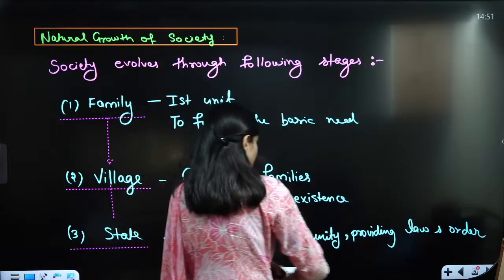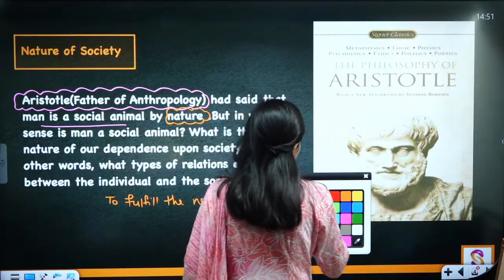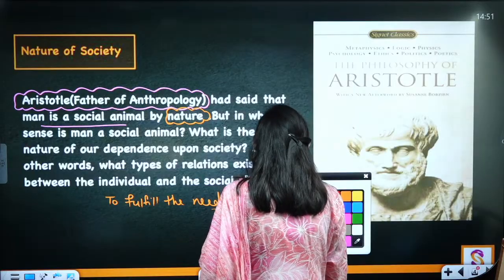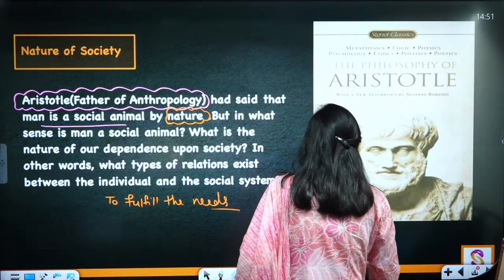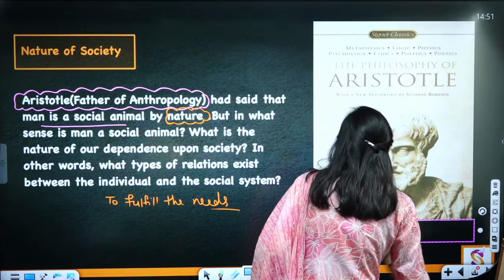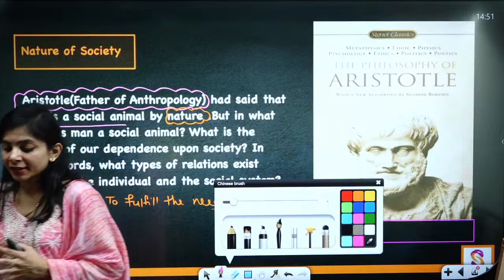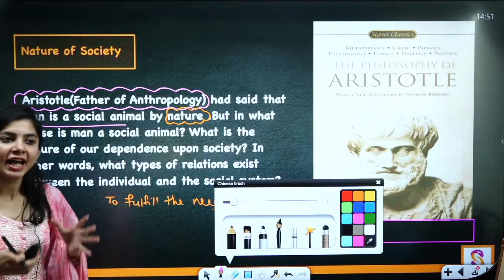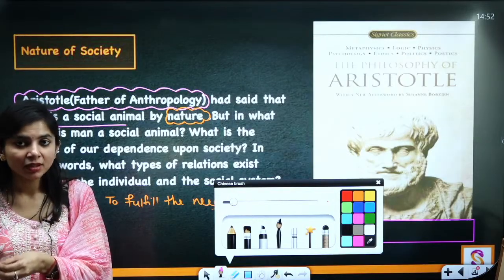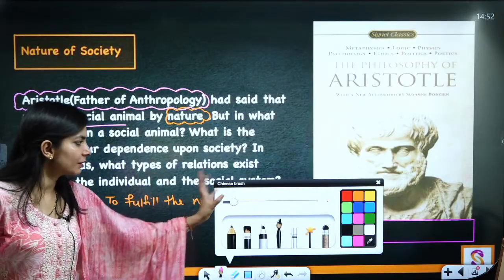So Aristotle specified a very important thing, in which he mentioned that men have some goal. They don't even want to live, but they want to live well. And to live well, they require nothing but the family.